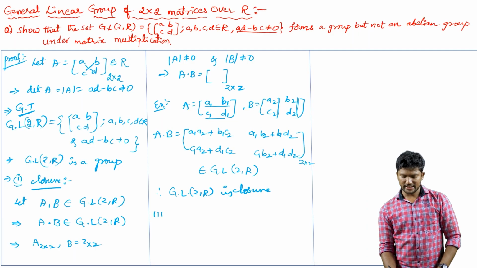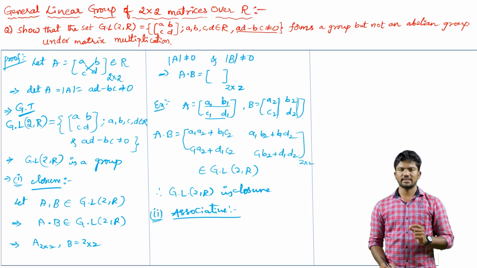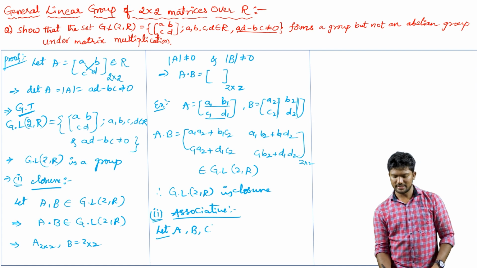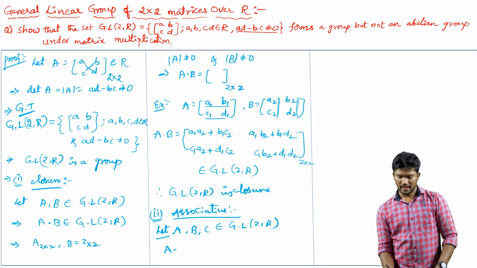Now the second condition is the associative condition. In this we are going to take three matrices A, B, C. So let A, B, C belong to GL(2, R). Then the condition is (A into B) into C equals A into (B into C).